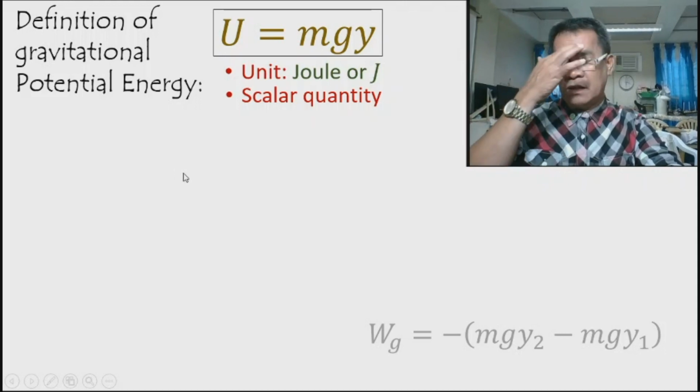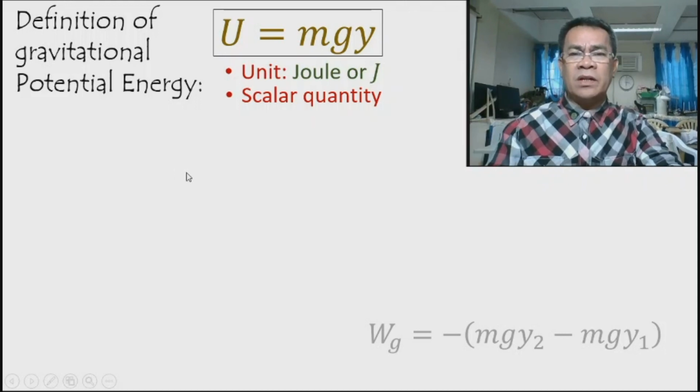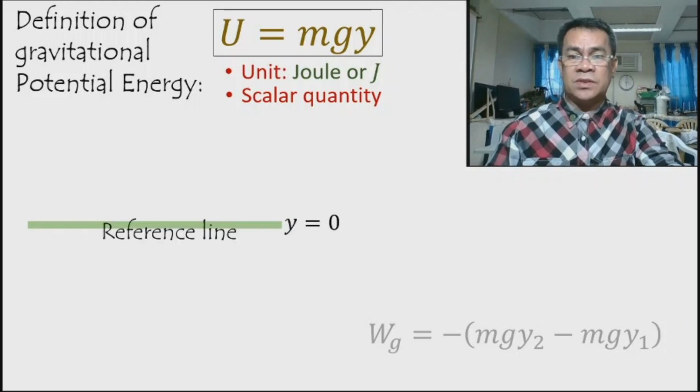Okay, the question is, when will the potential energy be zero, be positive or negative? Okay, so consider this reference line. Again, the reference line is used in order to produce what? To produce the height. Without the reference, we cannot identify what is your height.